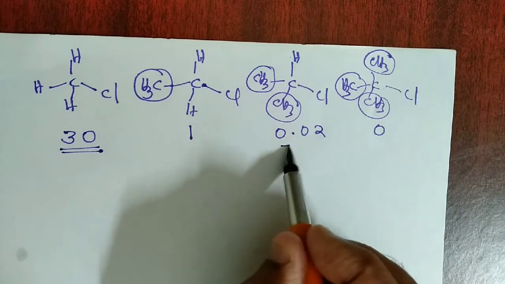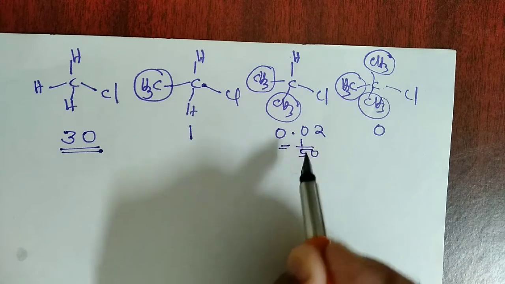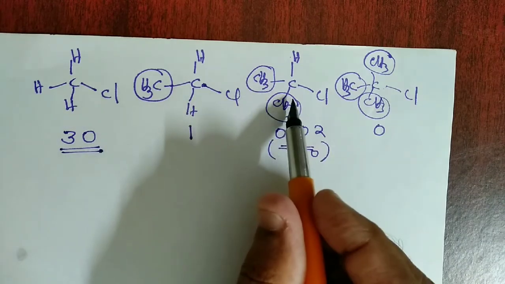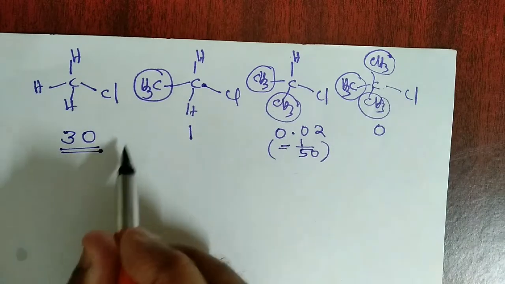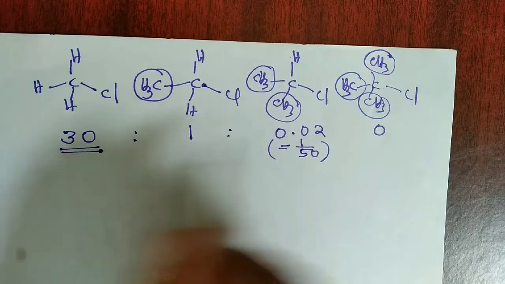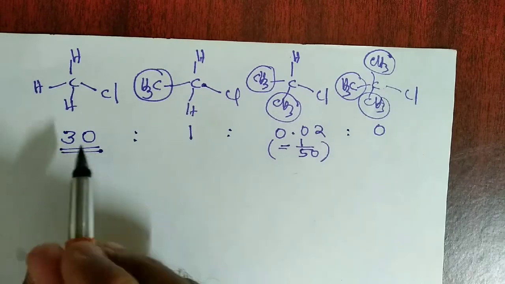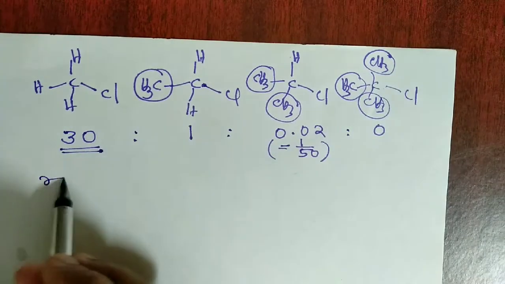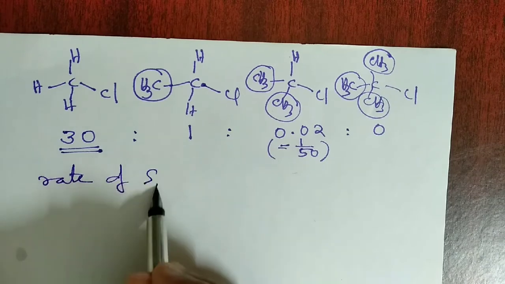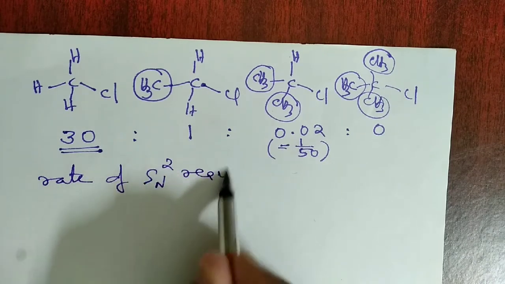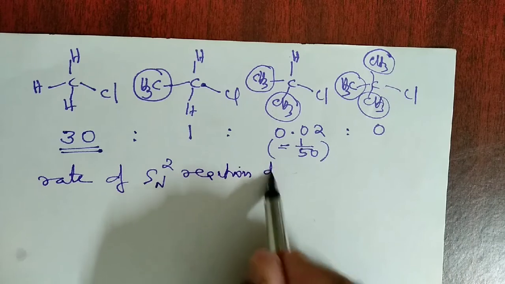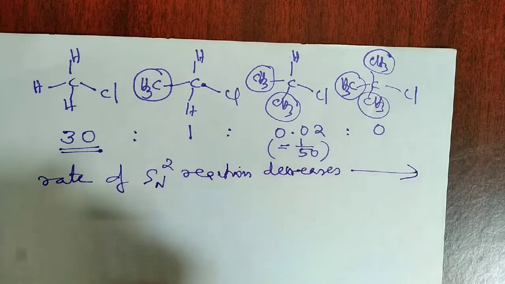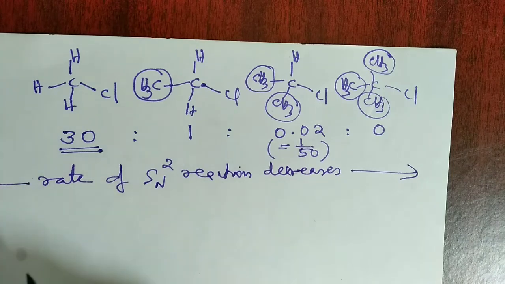Isopropyl chloride is 50 times less reactive than ethyl chloride. So relative rate is in the order 30:1:0.02:0. Rate of SN2 reaction decreases from left to right.